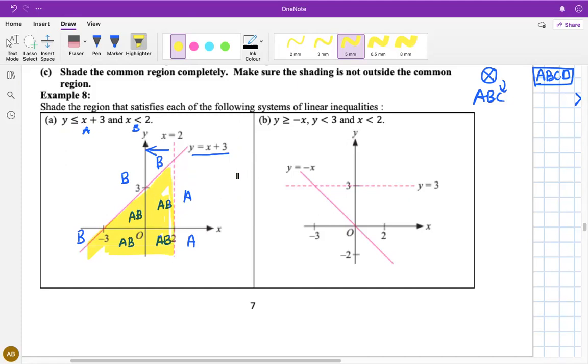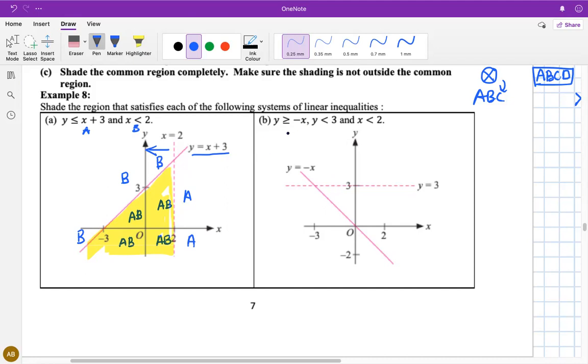I just introduced this because it's a method that is introduced in the textbook, so I have to introduce it to you. It is up to you whether you want to use it in the exam or not. Whichever way you prefer can help you get the answer faster, then use that method. But you have to familiarize yourself with the method.